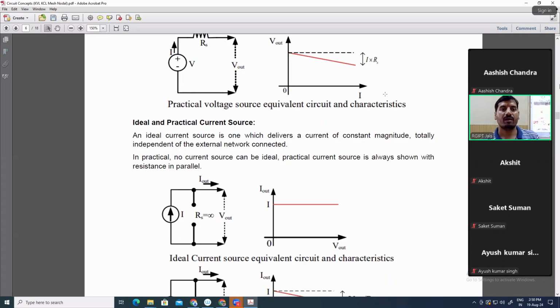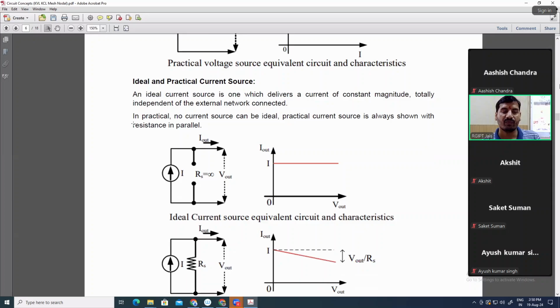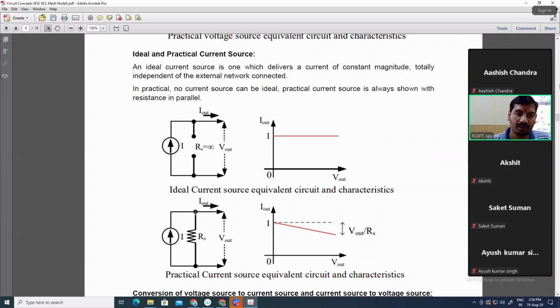In the case of current sources, they are also of two types, ideal and practical current sources. In ideal current sources, the internal resistance is connected directly across the current source value.